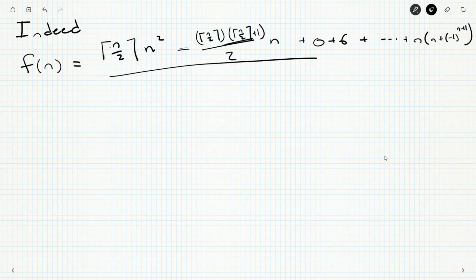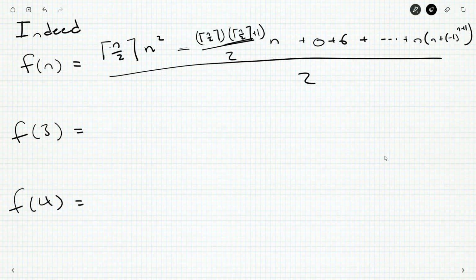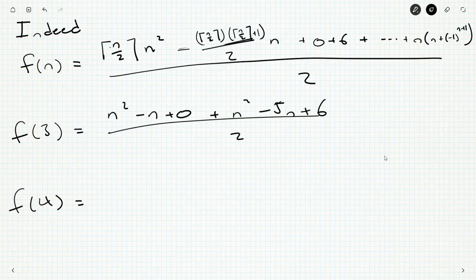So I've got what I claim is my formula. Let's just double check this. What is f of 3 and what was f of 4? Okay, we had n squared minus n plus 0, n squared minus 5n plus 6. And for this one, we had n squared. So 3 squared and 4 squared.